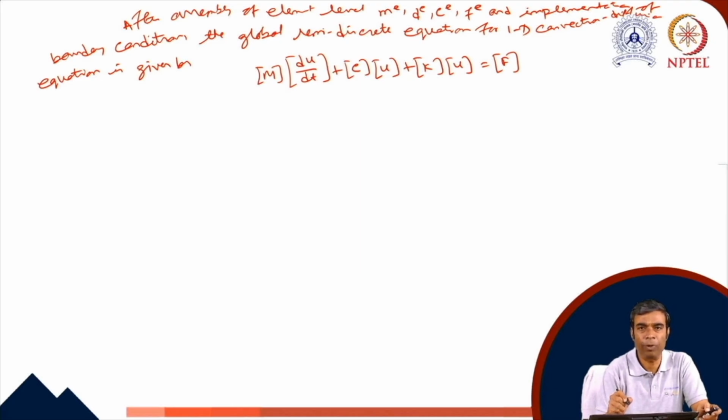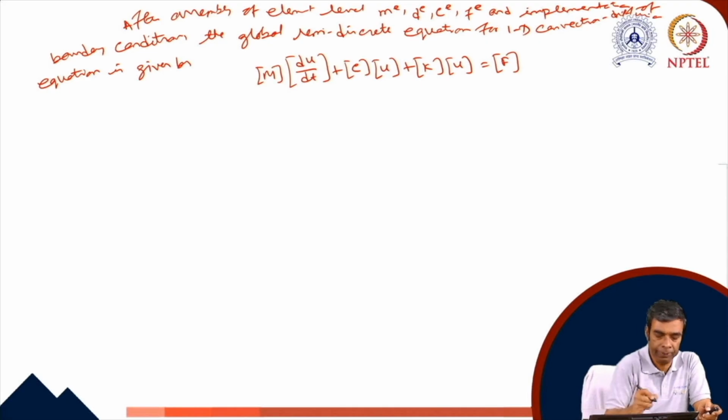Now the temporal discretization can be performed by using the generalized trapezoidal rule that we have already introduced in the 7th module during the handling of the parabolic partial differential equation.